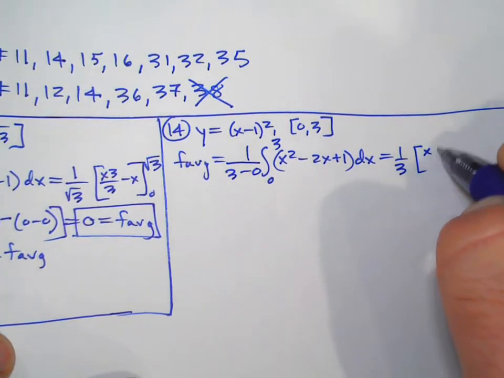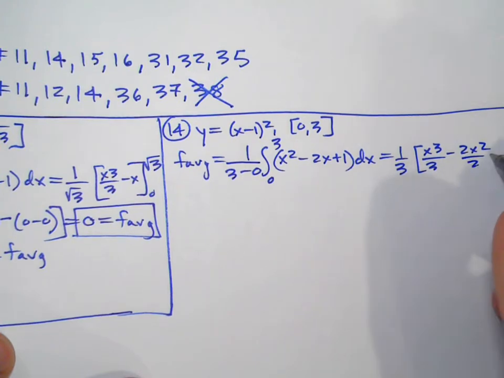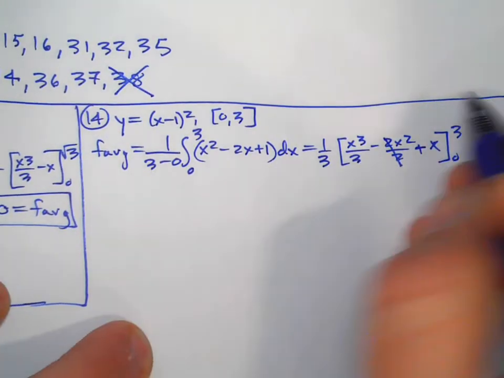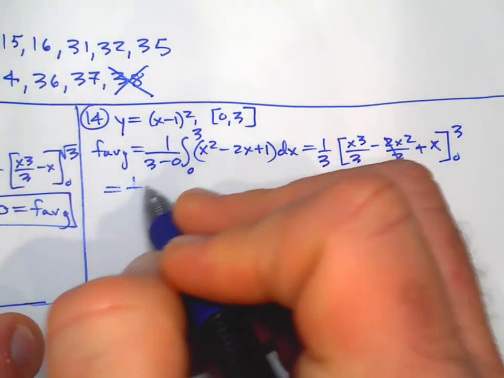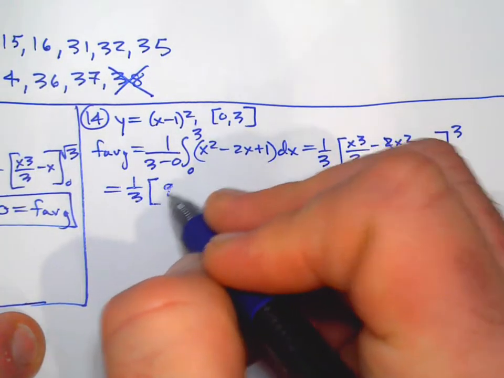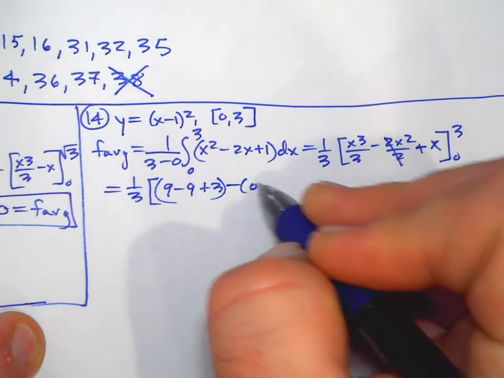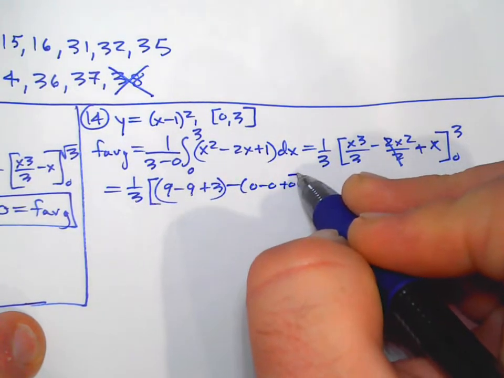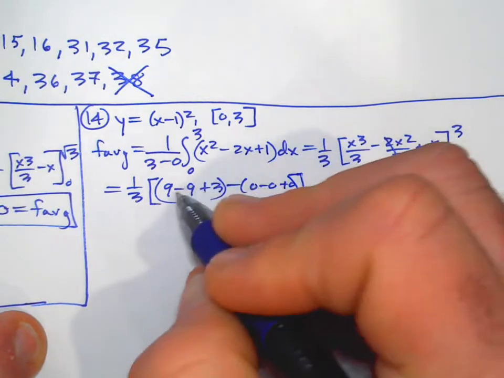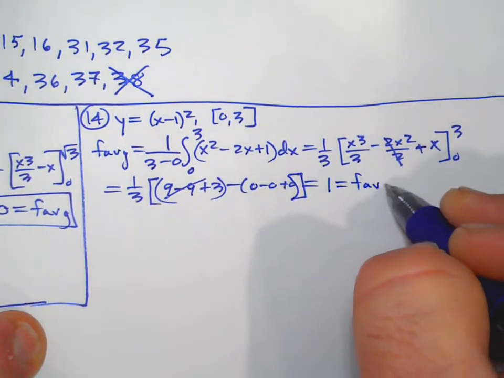The antiderivative is going to be x cubed over 3 minus 2x squared over 2 plus x. So 1/3 times 9 minus 9 plus 3. Plug 0 in, 0 minus 0 plus 0. And so the average value is 1. These are working out very nicely.